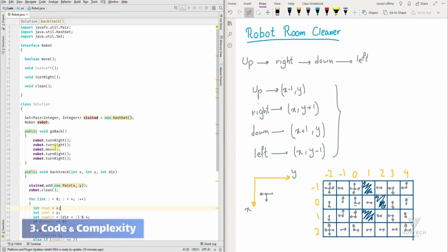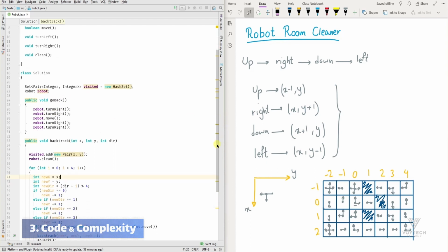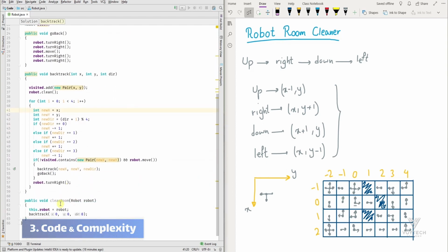In the solution class, we have 3 methods: go back, backtrack, and clean room. The program starts from clean room, which takes a robot object, and then it calls backtrack with the initial position and direction.